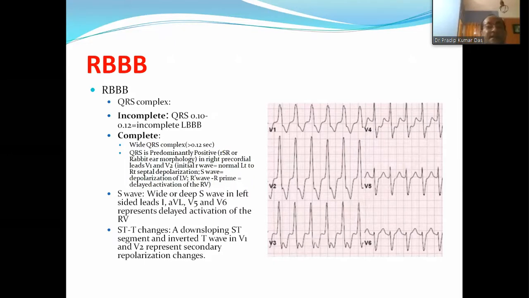There are complementary ST-T changes, a downsloping ST segment and inverted T wave in V1, the right-sided lead, which show secondary ST-T changes. These are not ischemia; these are part and parcel of RBBB.